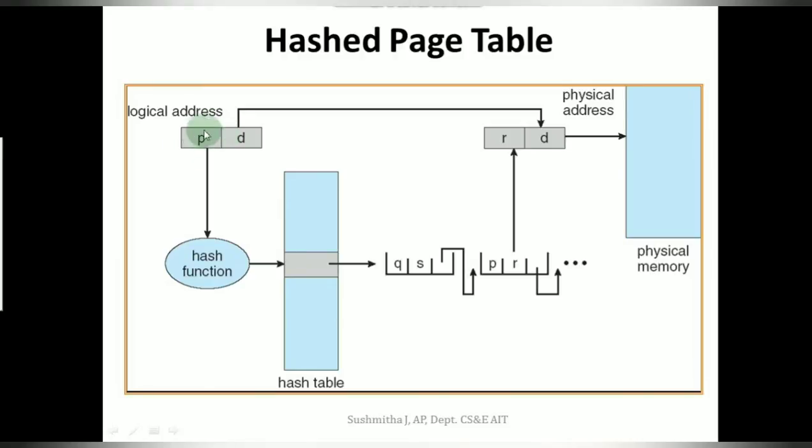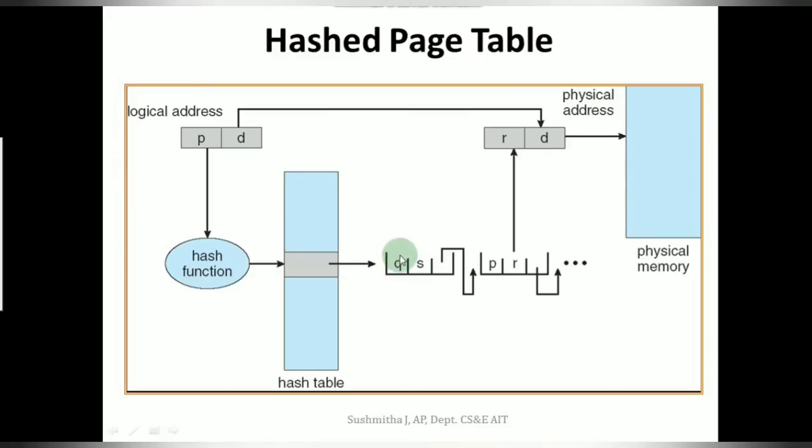The page number that we have, we run it through a hash function, which generates a hash value. Now every entry in the hash table contains multiple entries. So this single entry almost makes up one small page table itself. Notice here, each entry has 3 fields.